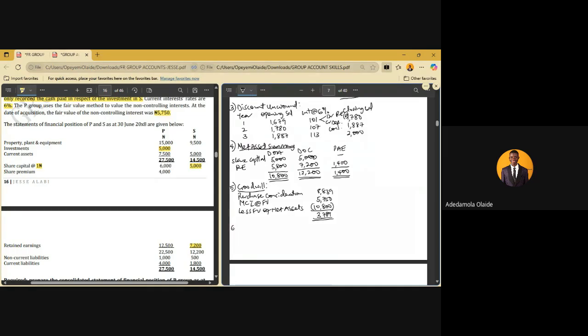Number 6, we should calculate what? NCI. NCI will now be the value at acquisition, which is how much? 5,750. We add their share of post-acquisition earnings.